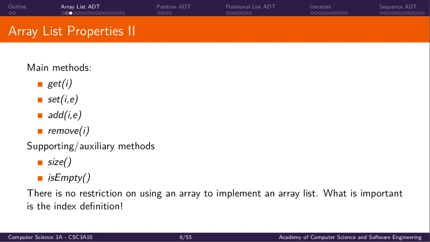So get(i) should return the element stored at index i without removing it. set(i, e) will either, if there isn't anything stored at i, and only under a certain condition, when i is actually 1 plus the highest index, store e at that new index, or if there's already something at that index i, replace the element that's stored at that index i. add(i, e) will then add e at index i. remove(i) will then remove the element stored at index i.